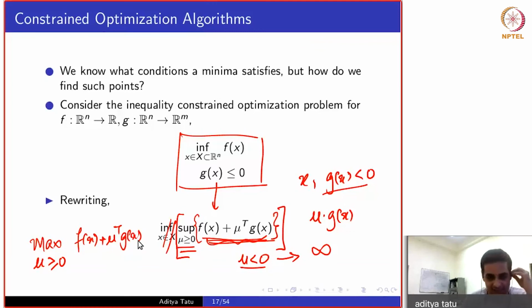See, if my g(x) is negative, then at what value of mu would this be maximum? mu equal to 0. Maximum is f(x). Exactly. So if g is negative, by choosing mu equal to 0, I'm maximizing this and I get f(x). Agreed? So you can see that this is basically the same problem.